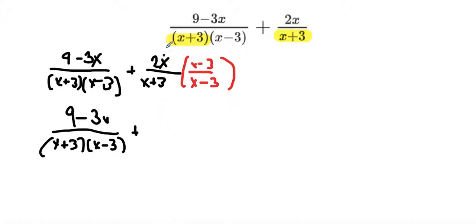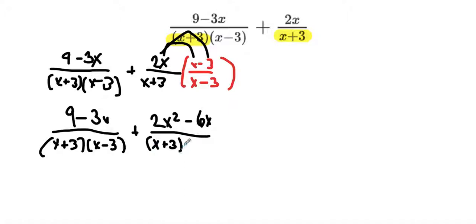So 2x times x is 2x squared. 2x times negative 3 is negative 6x. And then I have x plus 3 times x minus 3.